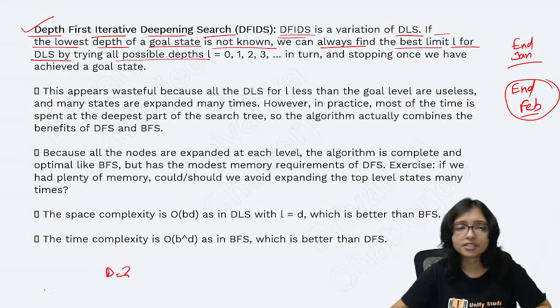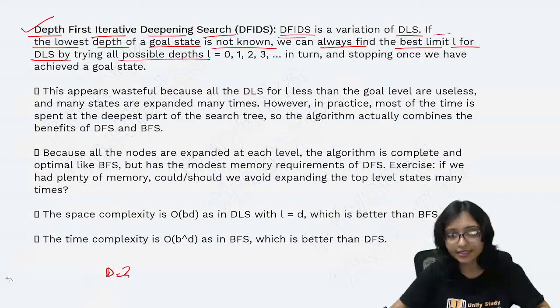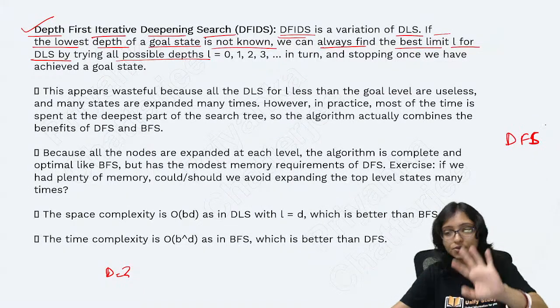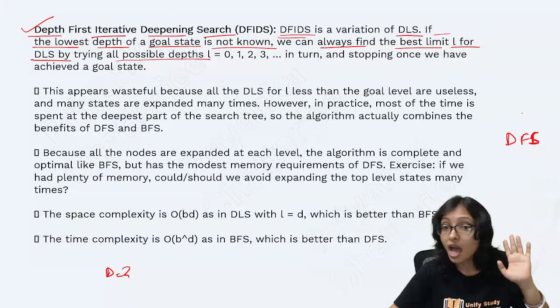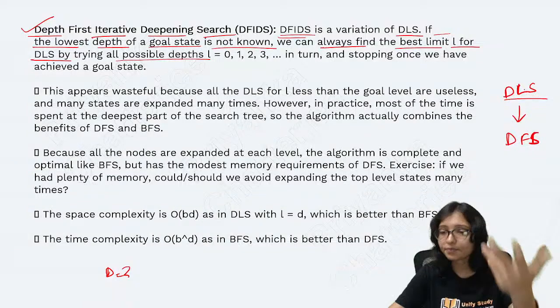So what is the concept? If you know DFS, it is like adding layer by layer. First, the concept was DFS, depth first search, which we learned yesterday. After that comes depth limited search, where I limit a depth.